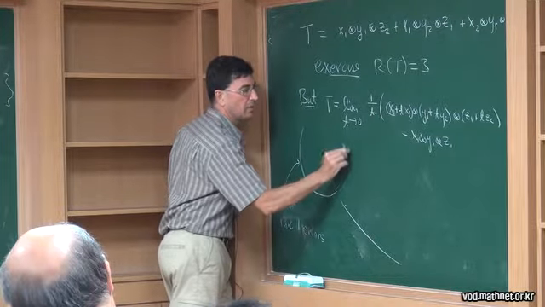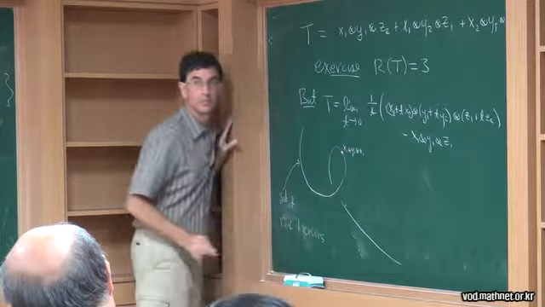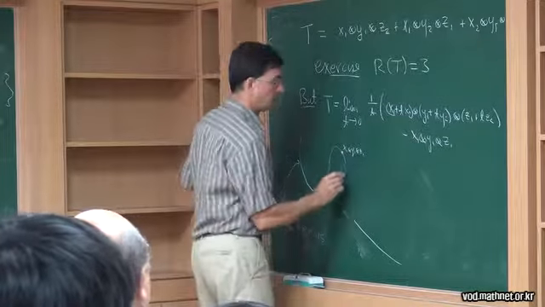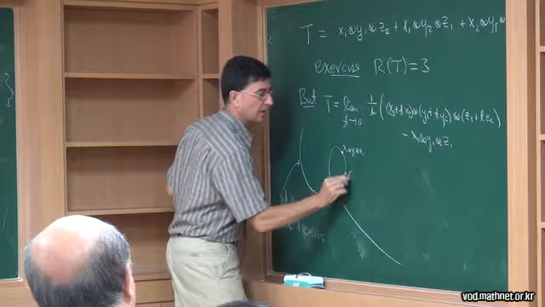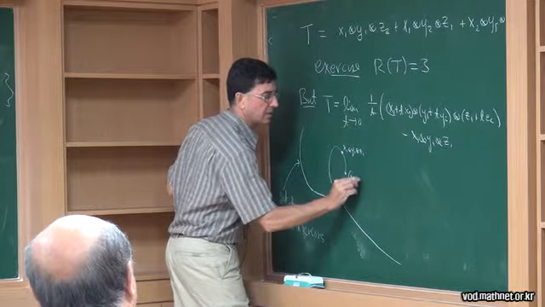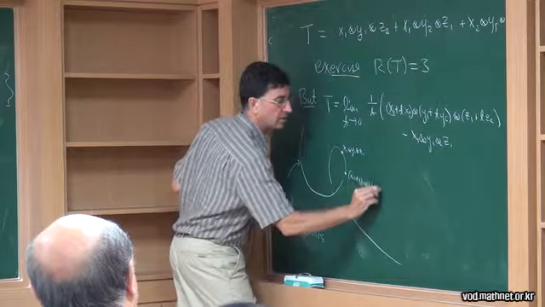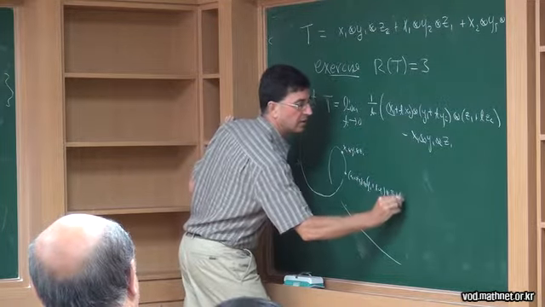Let's say that this one happens to be x1 tensor y1 tensor z1. And then we add a little bit to it. Let's say that this one here is x1 plus t x2 tensor y1 plus t y2 tensor z1 plus t z2.